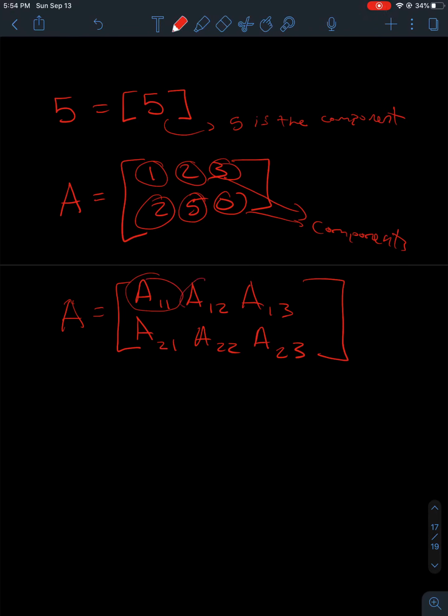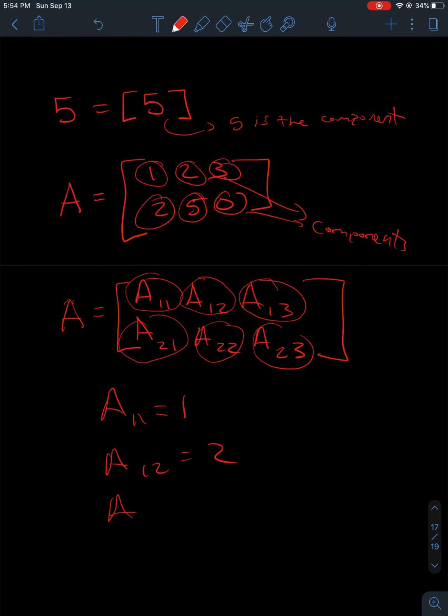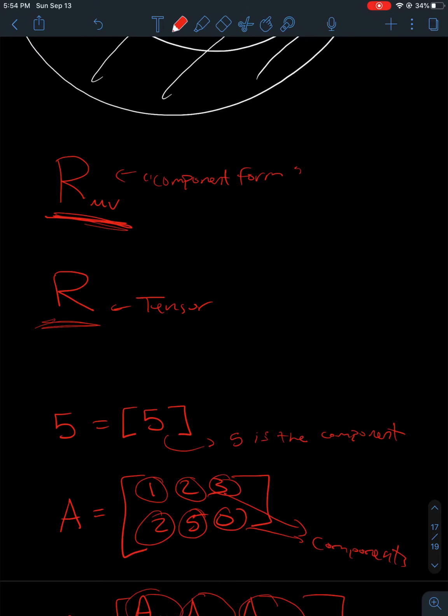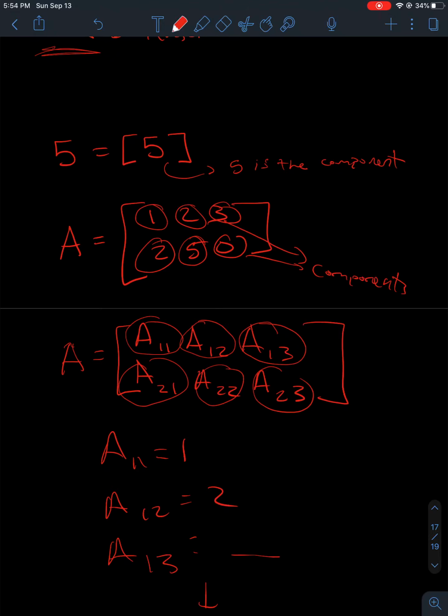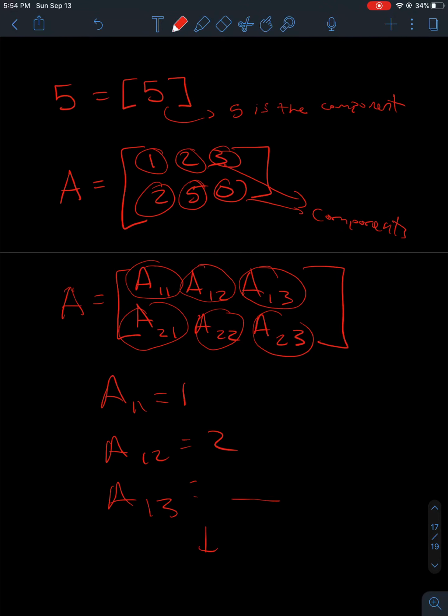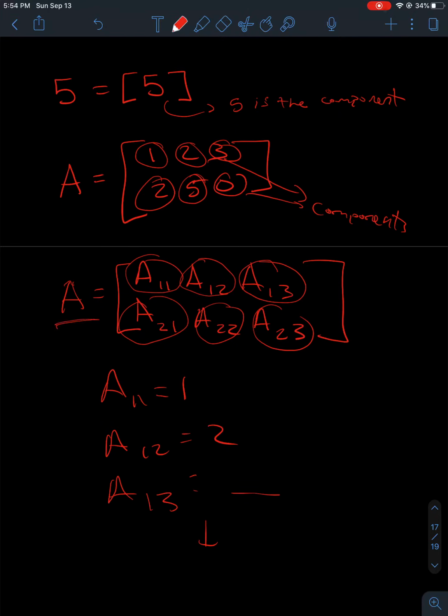And these A values are the components. In this case A11 equals 1, A12 equals 2, and then so on. You get the point. It's trivial. So this R mu nu is the Ricci tensor in its component form, just like how this A11, A12, and A13 is the component form for A.